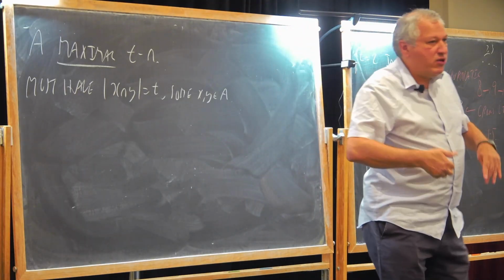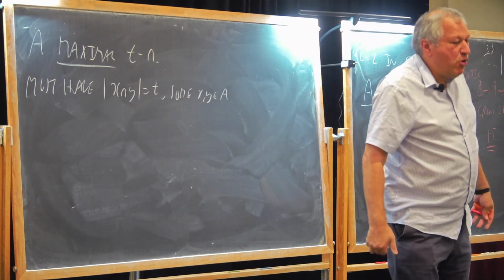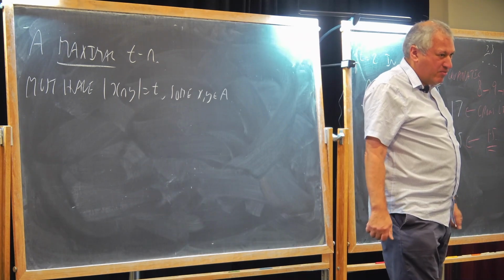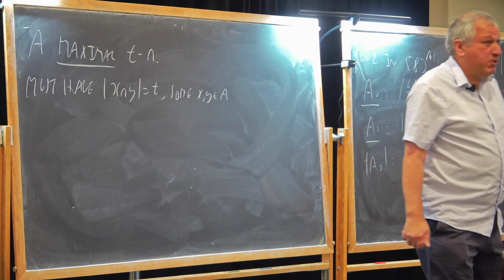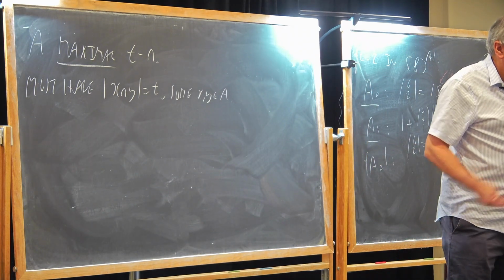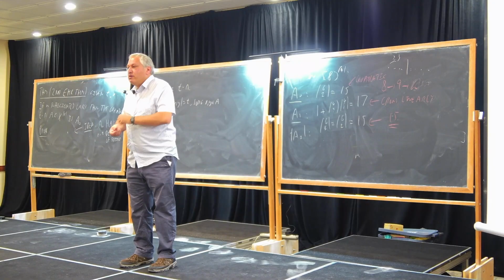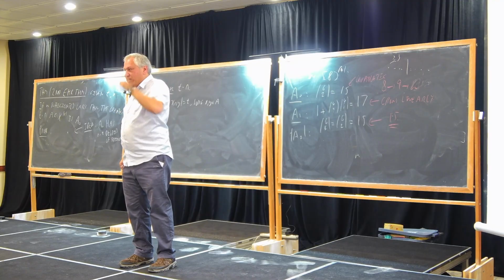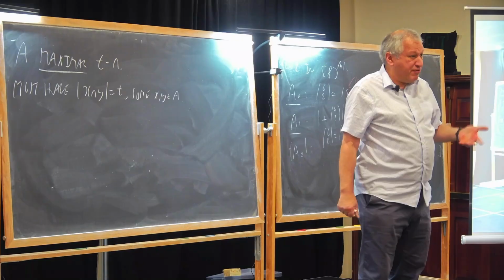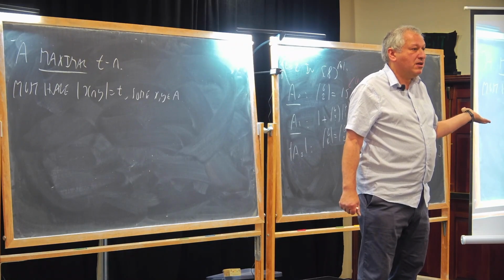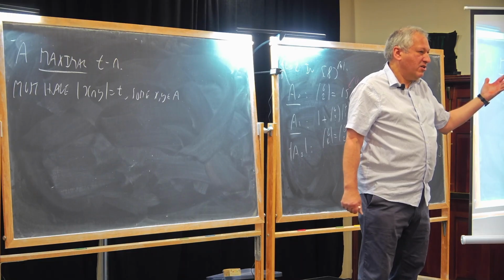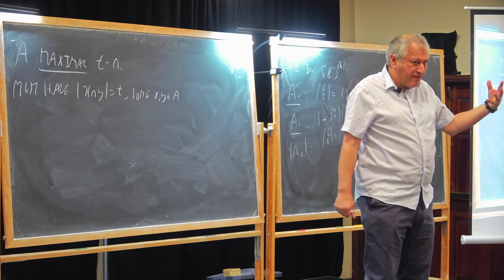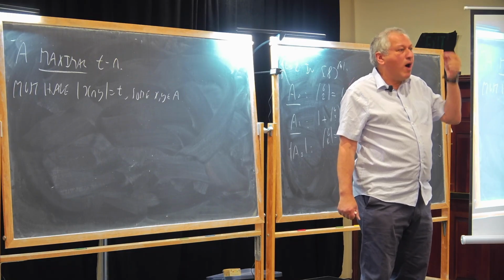Suppose, on the contrary, the ludicrous idea that in your biggest possible t-intersecting family, every pair intersects in at least t plus 1. Take any set in your family and change one element. Remove 5 out of 6. That would still intersect everything in at least t points, right? So you'd have to add it to the family. That would imply that for everything in the family, changing one element stays in the family.